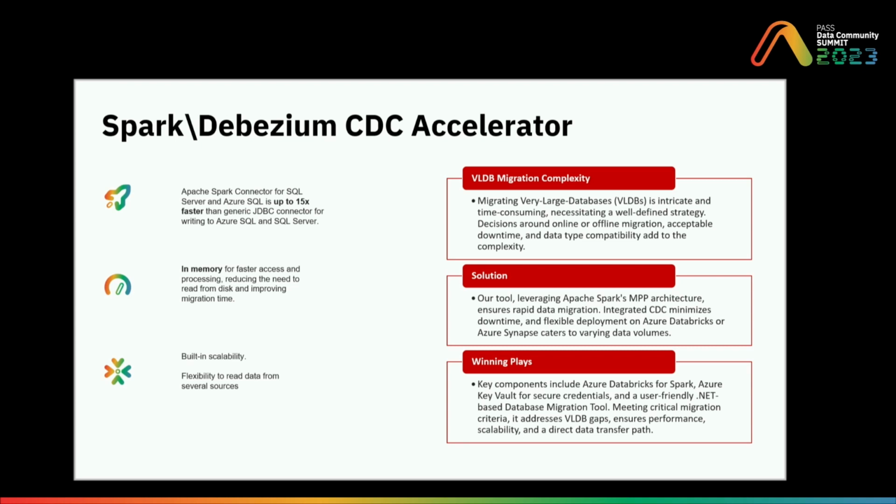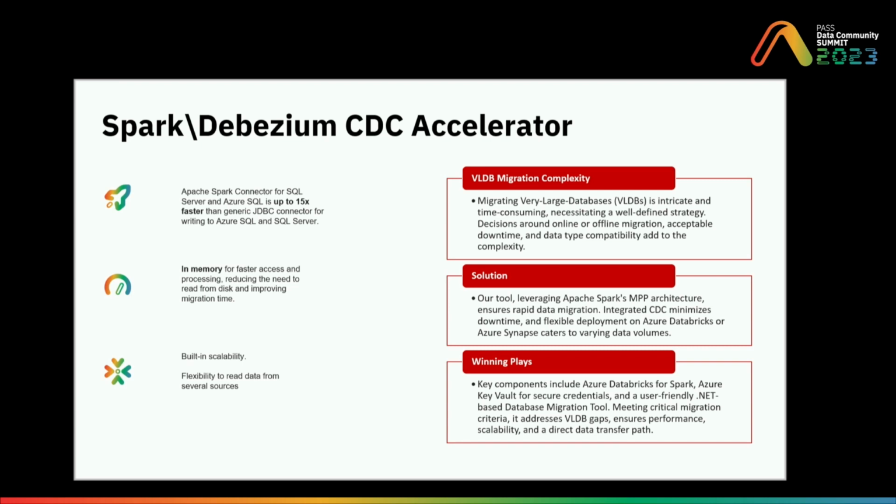What we do here is we use Spark MPP architecture to pull your data from your source server based on the flexibility which you want. If there is any requirement to process it on this intermediate Spark infrastructure, you can do that quickly in memory, and then we write it to the target. We write it using the Apache Spark connector for SQL Server and Azure SQL.